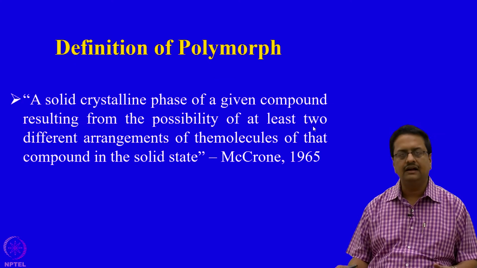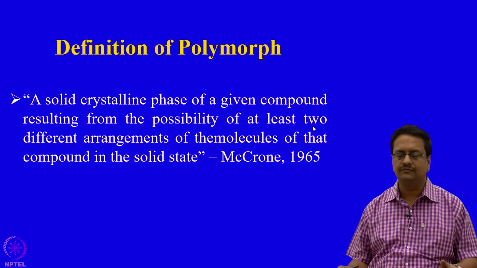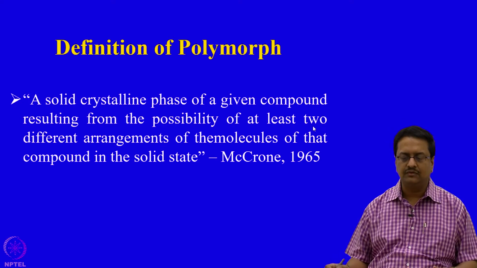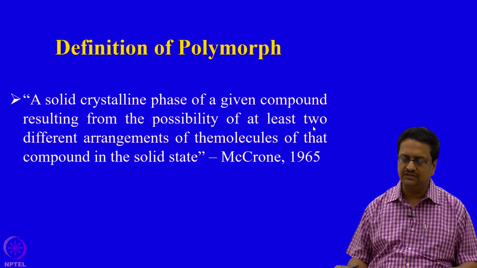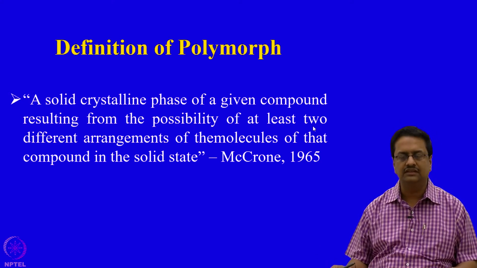In 1965, McCrone defined polymorphs as a solid crystalline phase of a given compound resulting from the possibility of at least two different arrangements of molecules of the compound in the solid state.